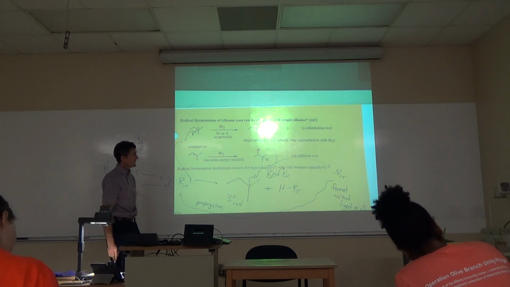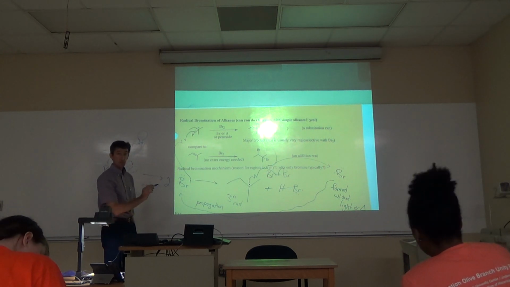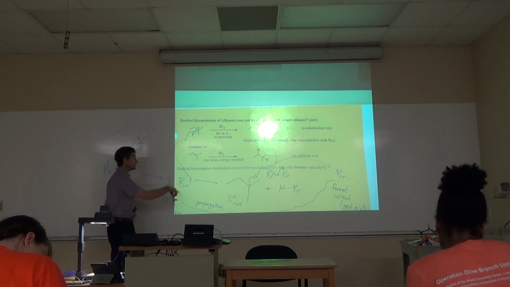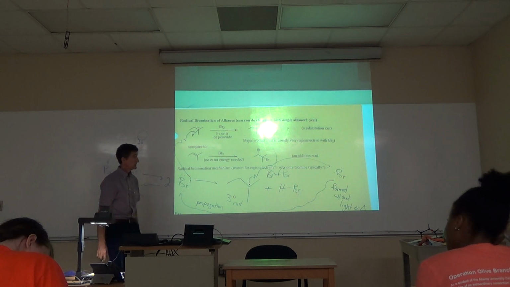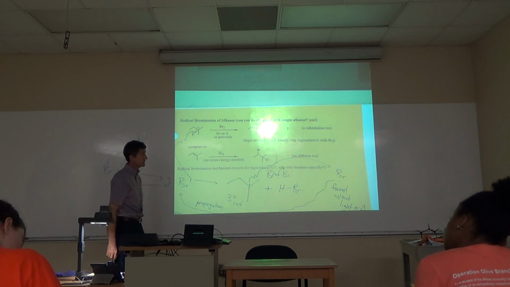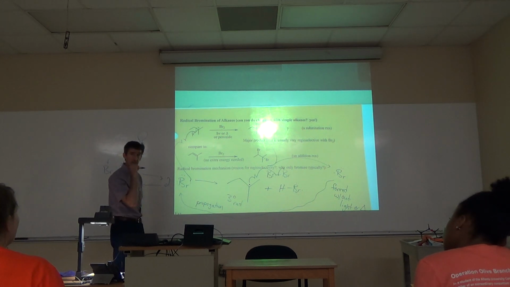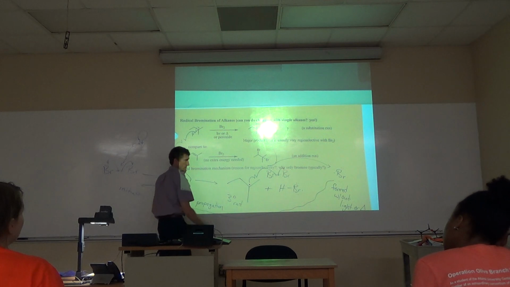And you could have a termination step. A termination step would terminate this and then require you to need light again. What would be a possible termination step that would ruin this cycle?